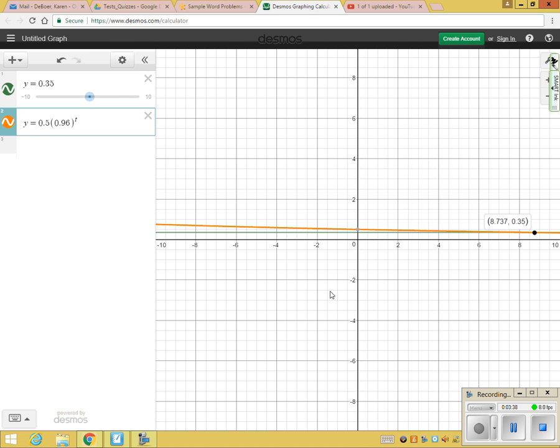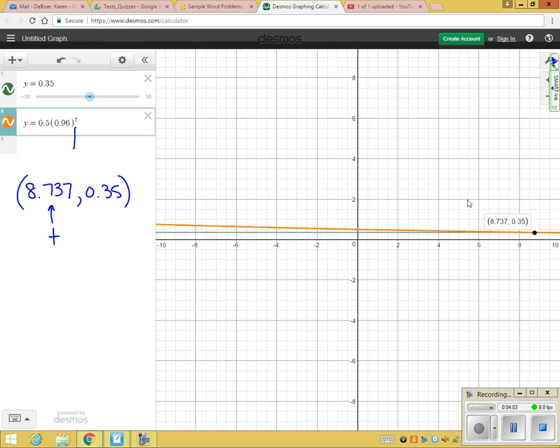Okay, so at 8.737 and 0.35. So again, remember that the first coordinate is your, just going to rewrite it on the side here. The first coordinate, 8.737, is your x value, or in this case, our t value.